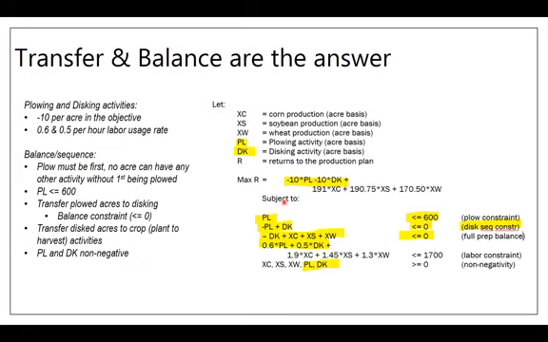And then the constraints. Down here, like we said up here, you have to plow first, and the limit on plowing is 600, so plow must be less than or equal to 600. That's our plowing constraint. Then we need a balance or a sequence constraint. With this balance constraint, you can't disk something until it's first been plowed. It says transfer a plowed acre down here to the disk sequence, and then the activity disk can be used.